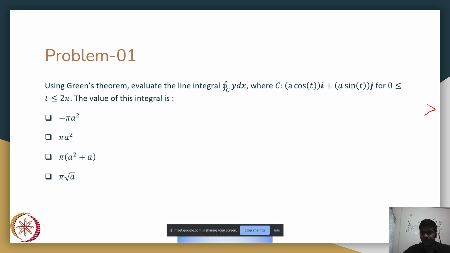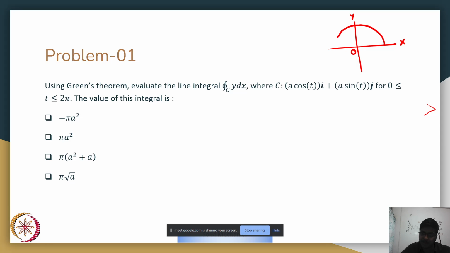So if I have to draw this, it will look something like this. This is my x-axis, the other one is my y-axis, this is my origin, and I'll take this length to be a.